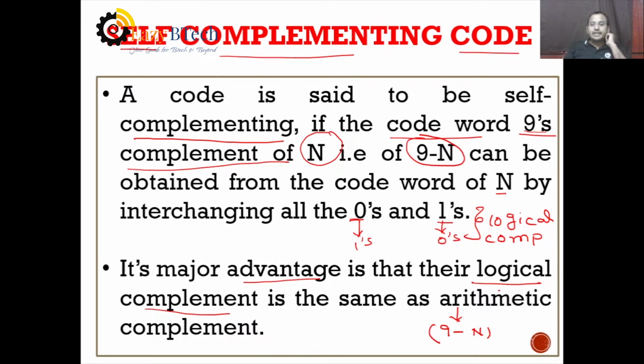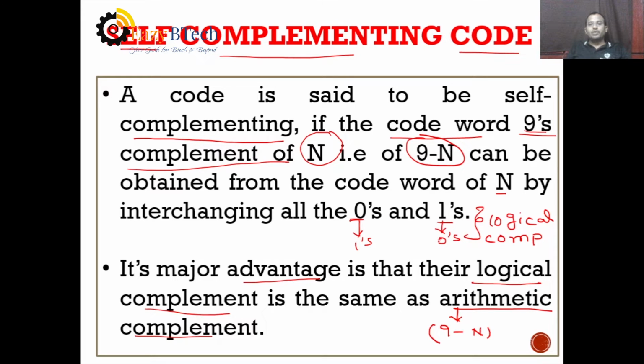We can get the arithmetic complement simply from the logical complement, which we get by changing zeros to ones and ones to zeros.